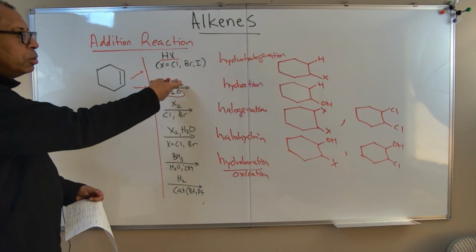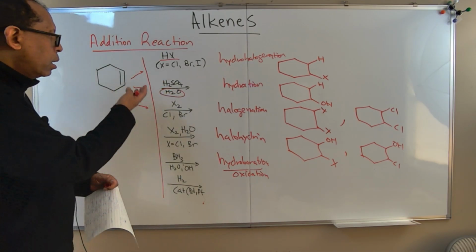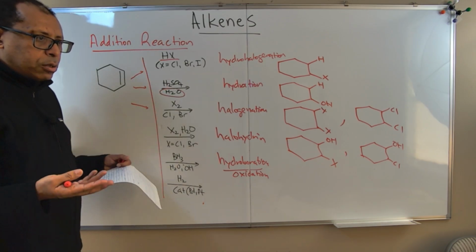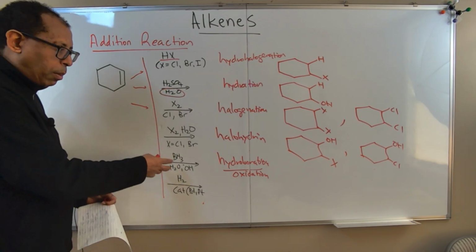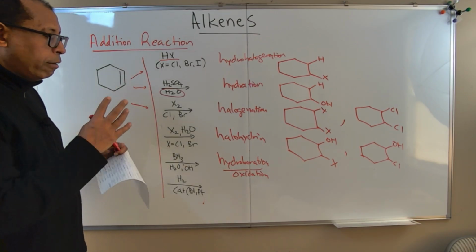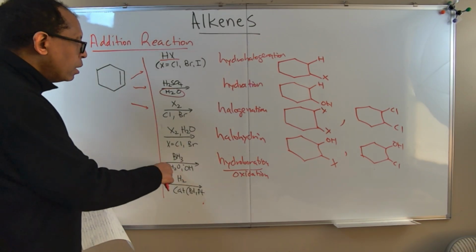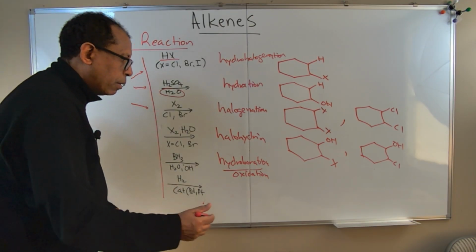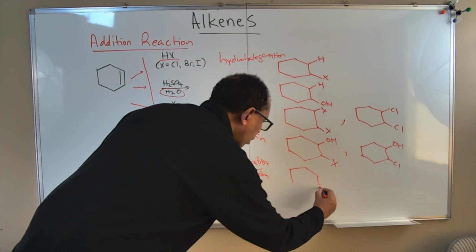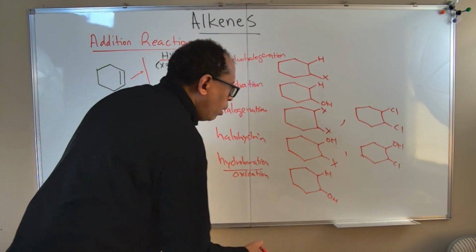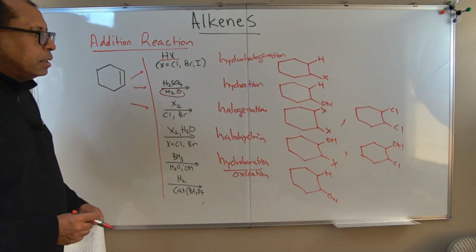Why do you do this? There are cases where your substrate might be very sensitive to a very strong acid. You would use a very mild condition because in the synthesis there are different things you have to consider. But it does the same thing like this one, but in a very controlled way. So it adds a water molecule. Basically it's OH and H. 1 water molecule is added.